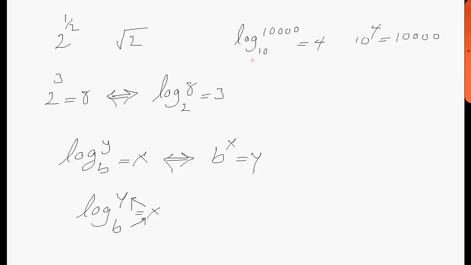Another example: logarithm of x base 4 is 5, and you want to know what x is. So x is the number that you get by raising 4 to the power of 5. So this can be written as 4 to the power of 5 is x, which means that x is 625.